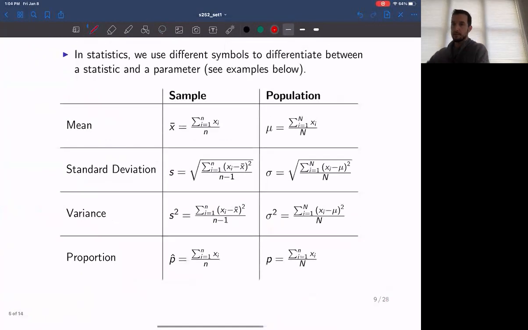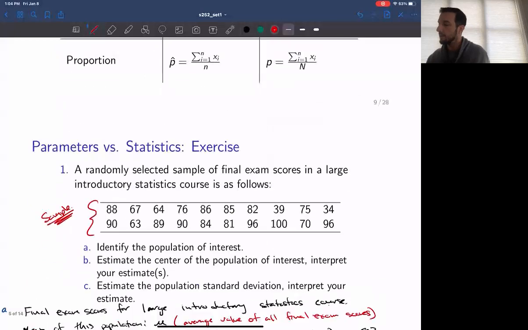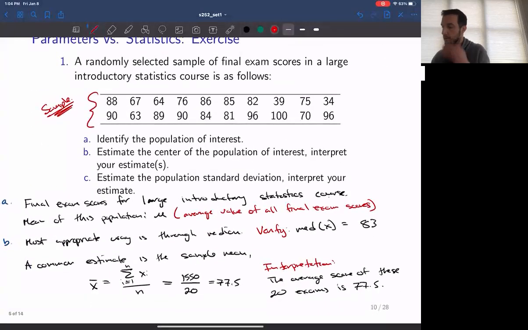Now, the previous slide, slide 9, differentiates between the symbols that we use for the parameter and the symbol that we use for the statistic. In the question below, part B, for example, it says, estimate the center of the population of interest and interpret your estimate.